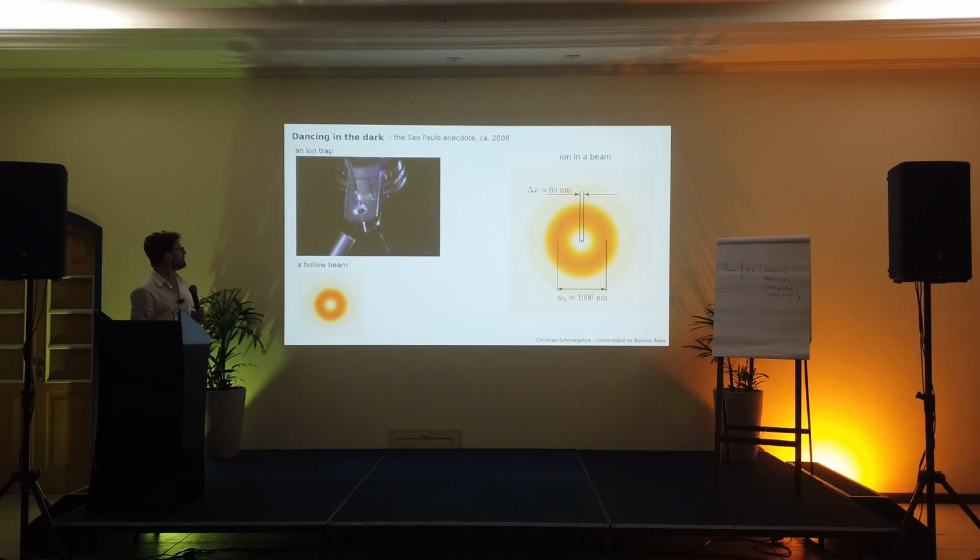So again, a little review of what we saw yesterday and the day before. I'll try to go fast. Our object of study are trapped ions, only we're talking about one single trapped ion. Of course, these ideas can be extended to more than one ion trapped in a trap.